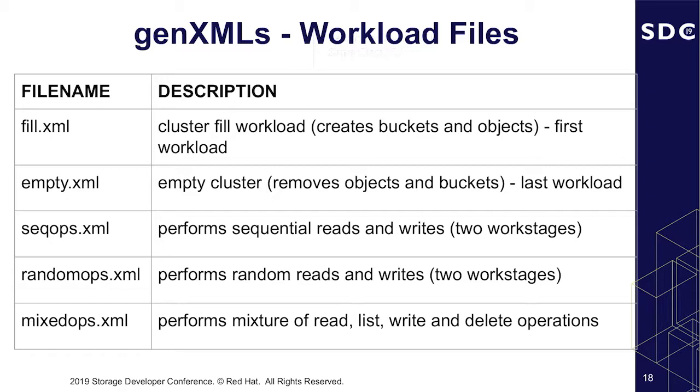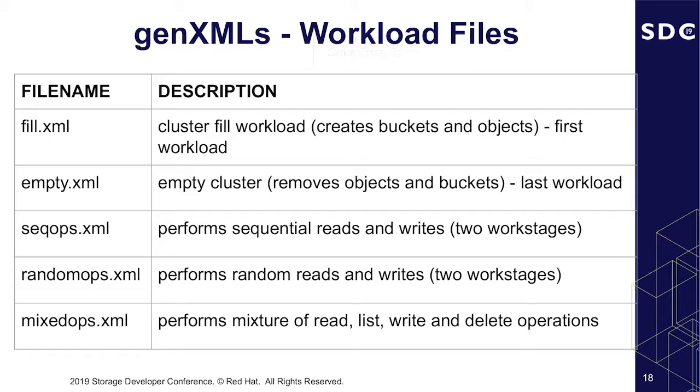But it's just very straightforward bash code that's easily modifiable if you wanted to create alternative workload files. These create a sequence of workloads that we frequently use where we're doing the cluster prefill. Then we can run any of the sequential or random ops, which run in isolated mode as two separate work stages.